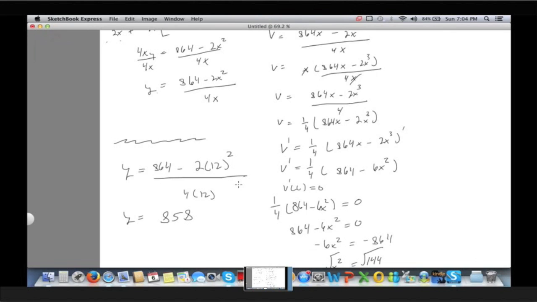That can't be right. 864 minus 12 squared is 144, times 2 is 288. 864 minus 288 divided by 48. Yeah, that's not right. Okay. It's 12.